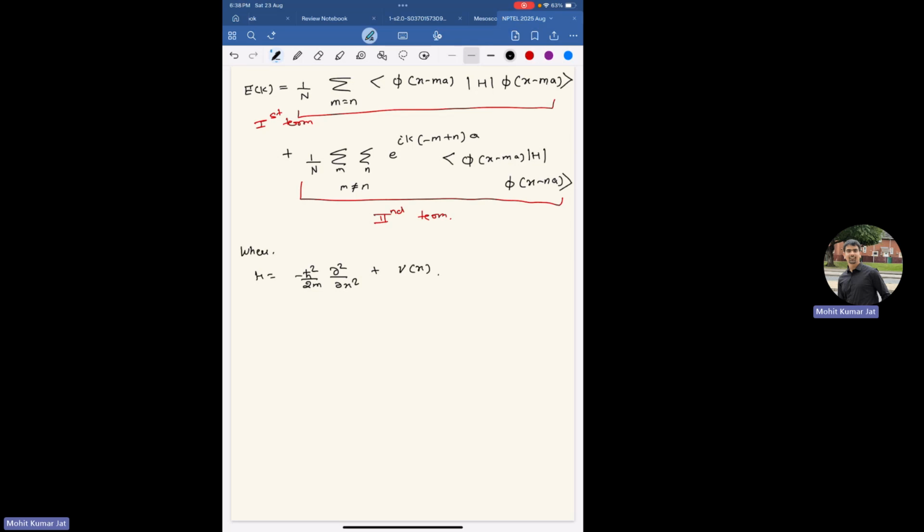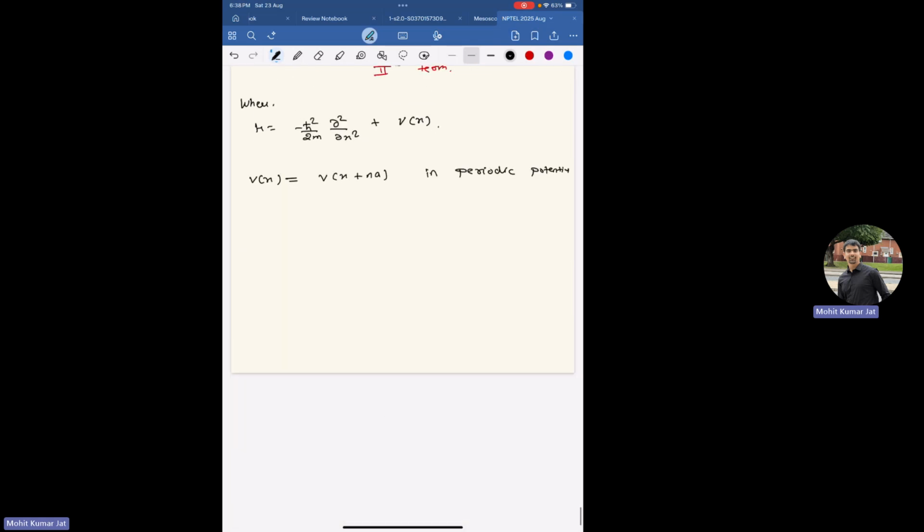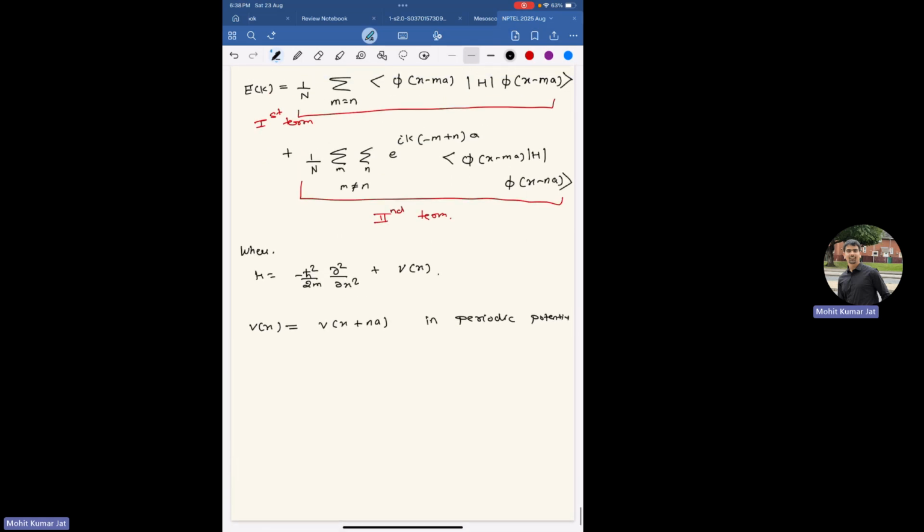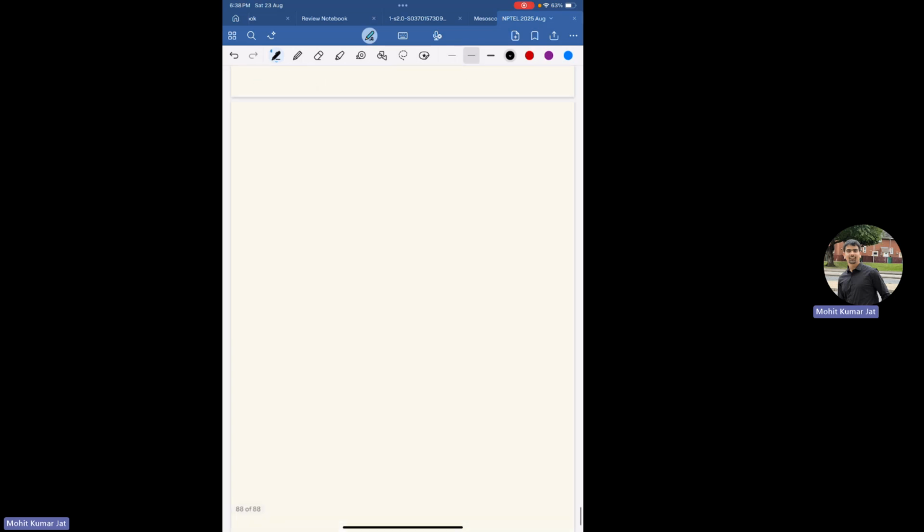And since V of x is a periodic potential, V of x will be equal to V of x plus Na. And psi of x is an atomic orbital which satisfies this linear combination of atomic states.